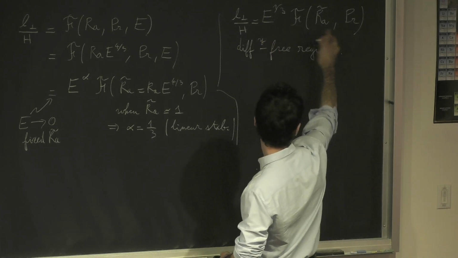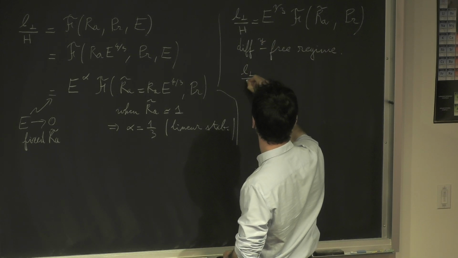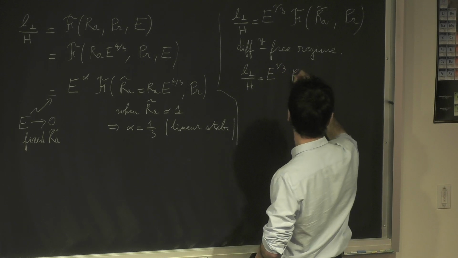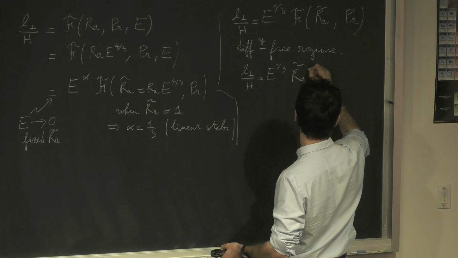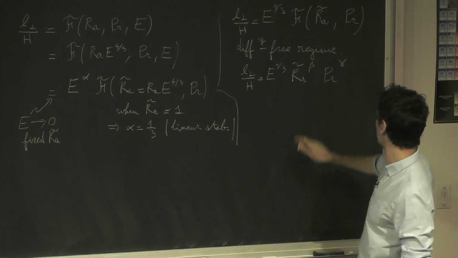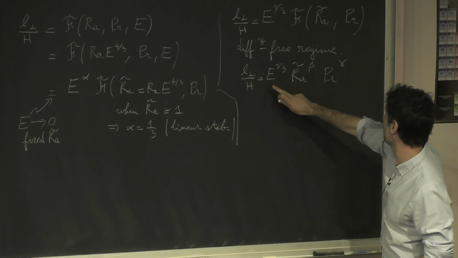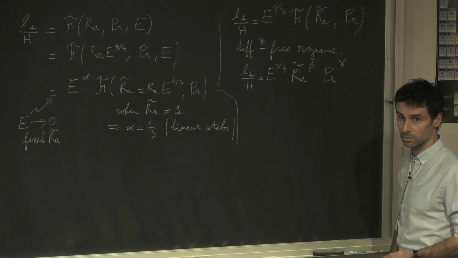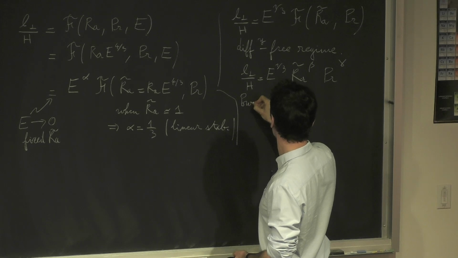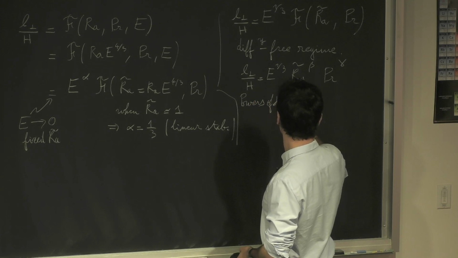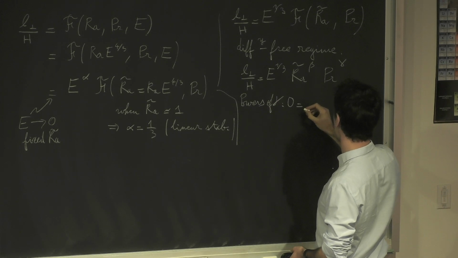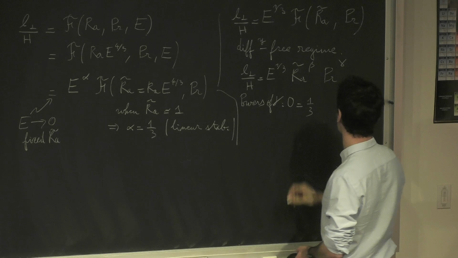Meaning that now I'm going to assume exponents here, where L perpendicular over H is Ekman to the 1/3, Rayleigh tilde to the beta, Prandtl to the gamma. And then I'm going to look for exponents that cancel the dependence on nu and kappa on the right-hand side, right? So I can look for powers of nu. On the left-hand side, I have 0. On the right-hand side, I have 1/3.